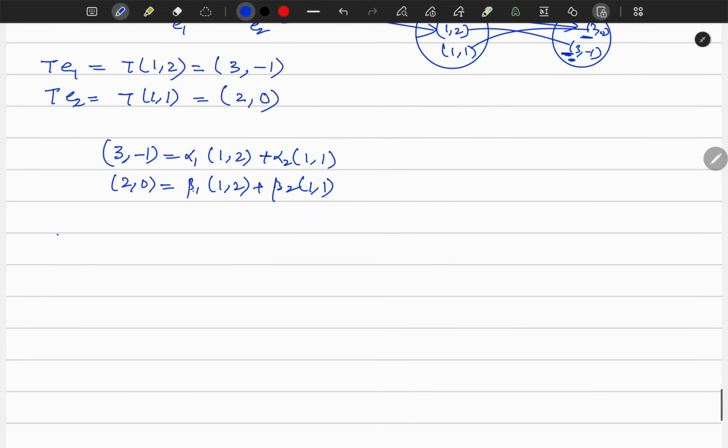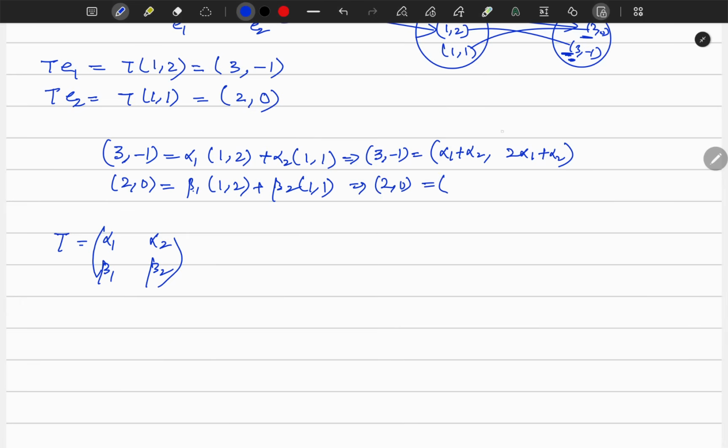So now the matrix which you will get, T matrix, will be alpha 1 alpha 2 beta 1 beta 2. So you have to find the value of alpha 1 and alpha 2. So from this what you have, 3 comma minus 1 is equal to alpha 1 plus alpha 2, 2 alpha 1 plus alpha 2, and similarly here 2 comma 0 will be equal to beta 1 plus beta 2, 2 beta 1 plus beta 2.